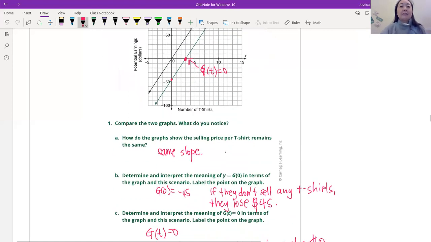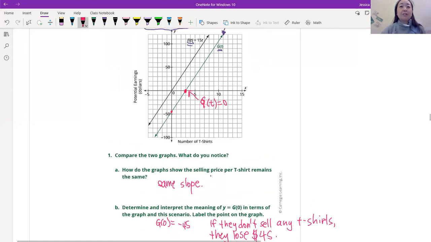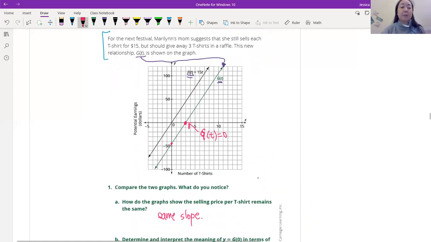We're not there yet. So how do the graphs show the selling price per t-shirt remains the same? A lot of people say, well, they look the same. What does that mean? They're parallel, and parallel is talking about the slope. How tilted is the slope? That slope remains the same, which shows that's our average rate of change.